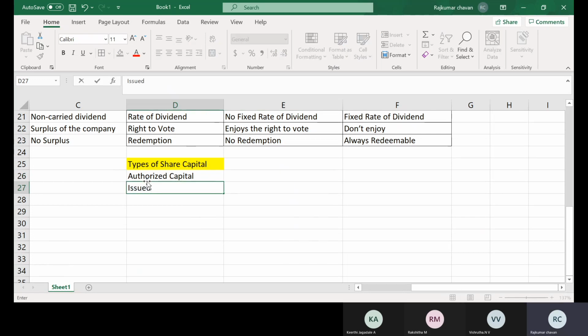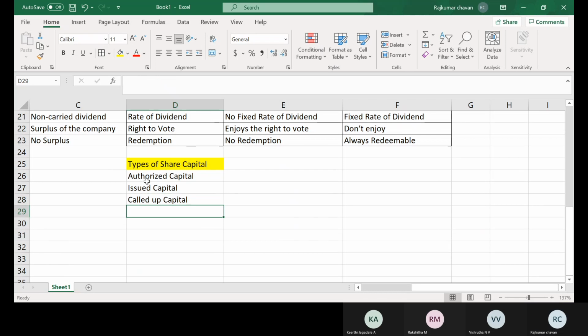Next one is issued capital. Next one is called up capital. Next one is paid up capital. So these are the types of share capital we can see in the company. When you see a balance sheet, you can see these types of capital.